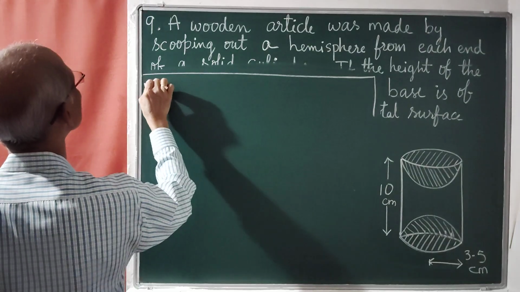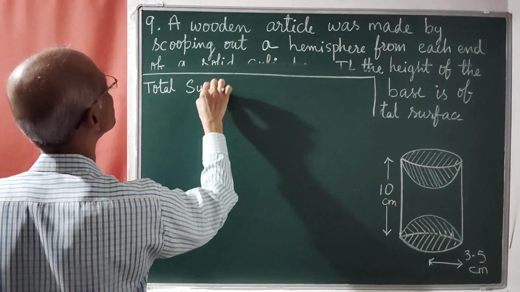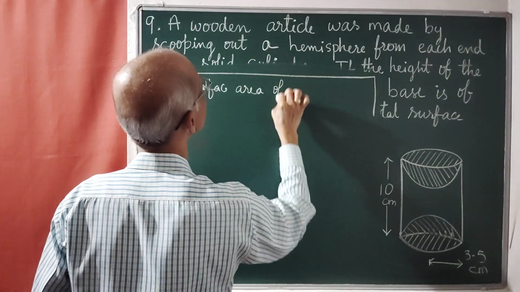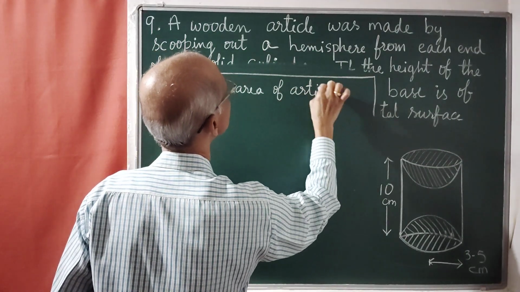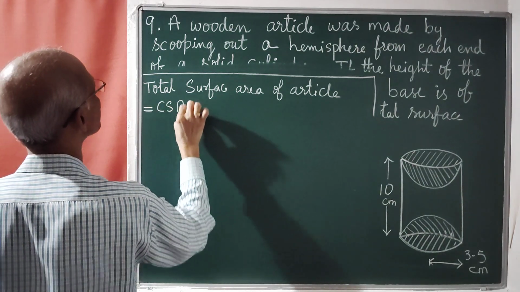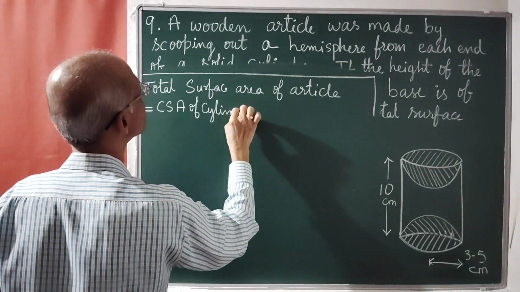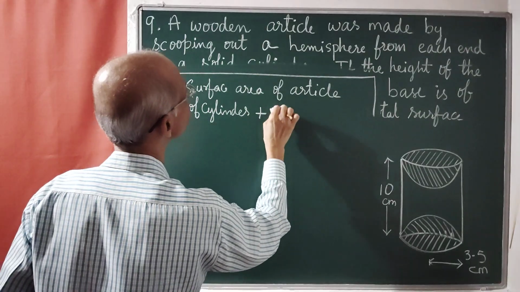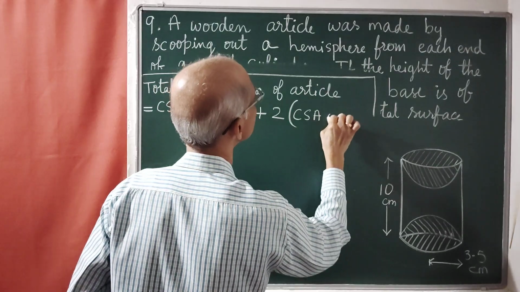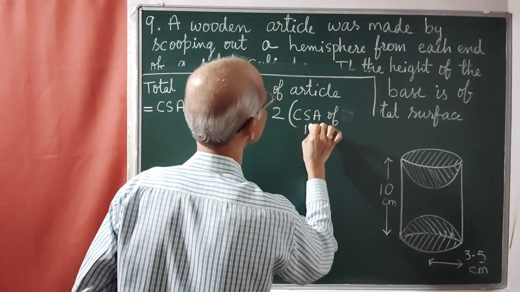Now, total surface area of the article is equal to CSA of cylinder plus 2 into CSA of hemisphere.